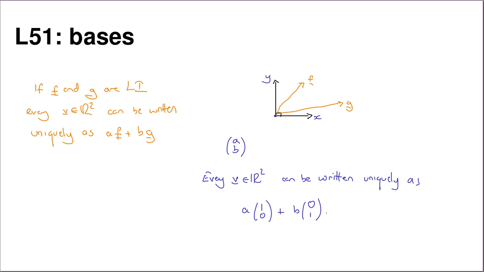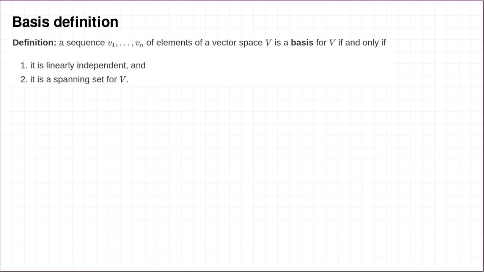So this idea, a collection of vectors such that every element of the vector space can be represented uniquely as a linear combination of those vectors, generalizes to arbitrary vector spaces through the concept of a basis, which we're going to look at in this video. Here's the definition of a basis then.